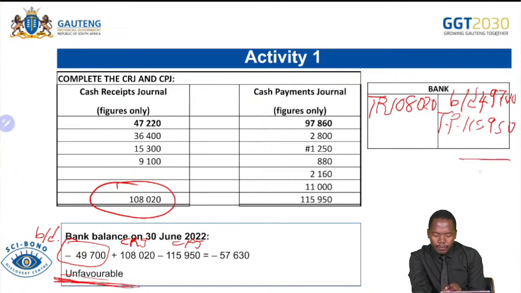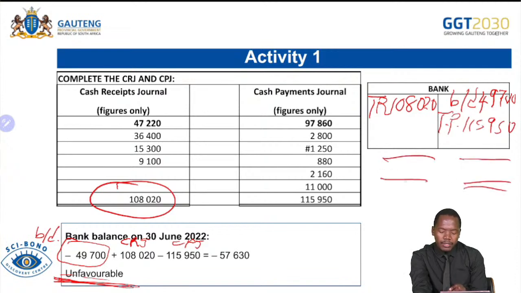If you are not familiar with that, you can use a T account, check which side is bigger by saying 49,700 plus 115,950. That will be your bigger side. Then your bigger side minus your smaller side. You will get your closing balance to be 57,630.